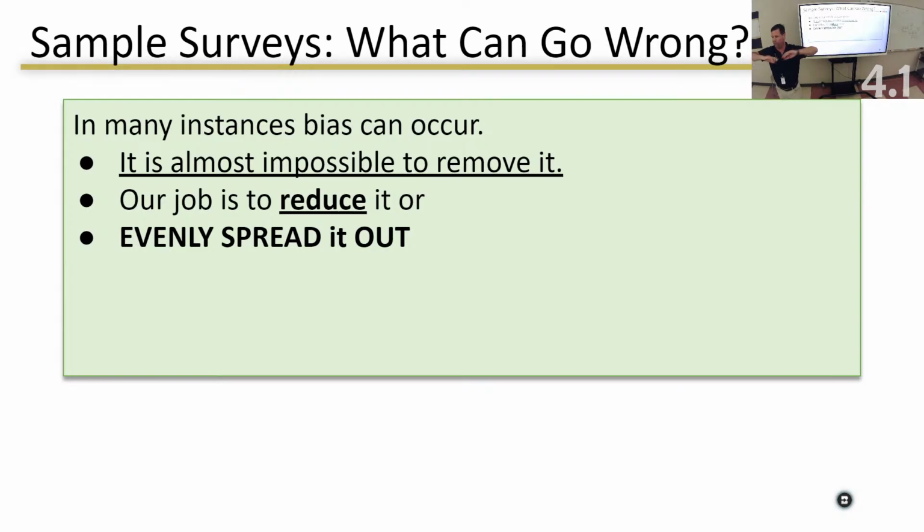The bias is not affecting the result. So that's our job: to reduce it as much as we can, and if we can't reduce it, then to spread it out evenly to where I can't tell if bias occurred or not. It's easier to reduce than it is to spread it out.